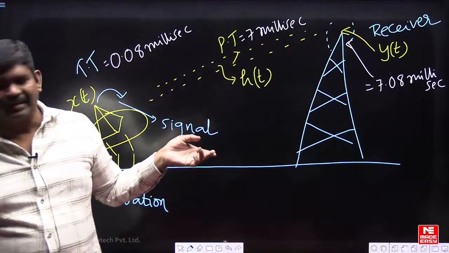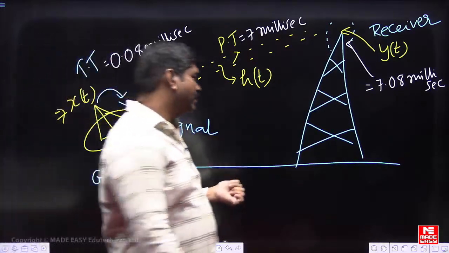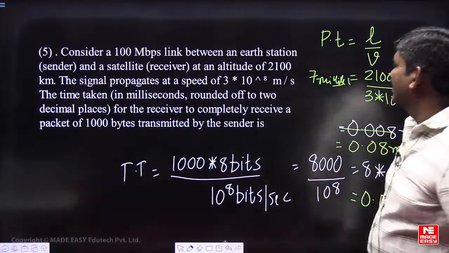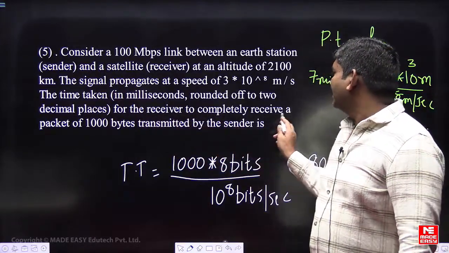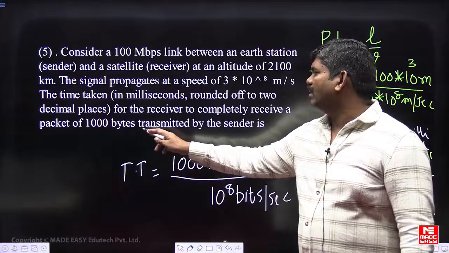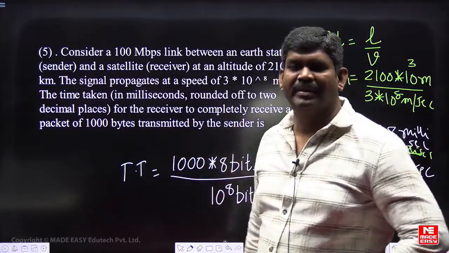Some students are asking, sir, why is the transmission on the other side not considered? You can see the question: the time taken for the receiver to completely receive a packet of 1000 bytes transmitted by the sender. Only the one-side journey has been asked.